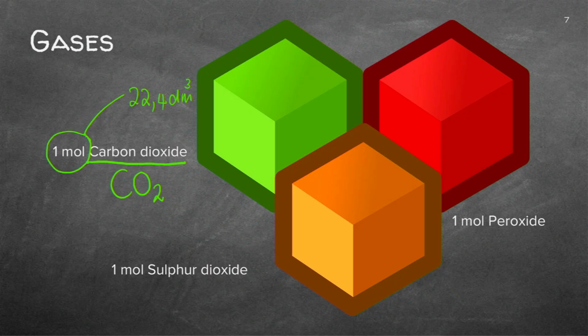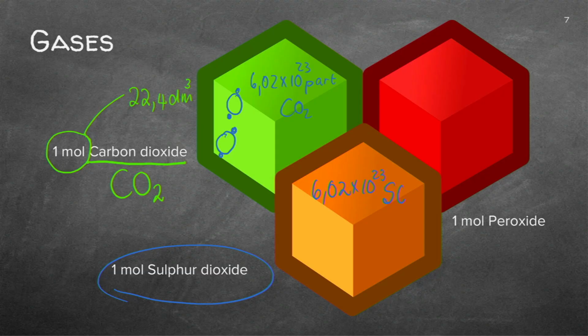Now, you will know that the molecule sizes will differ. Let's say, for instance, I've got carbon dioxide. It will usually look something like this. So I've got 1 mole. So I've got 6.02 times 10 to the 23 particles of CO2 in here. Here I've got 1 mole of sulfur dioxide. So I've got 6.02 times 10 to the 23 sulfur dioxide molecules.